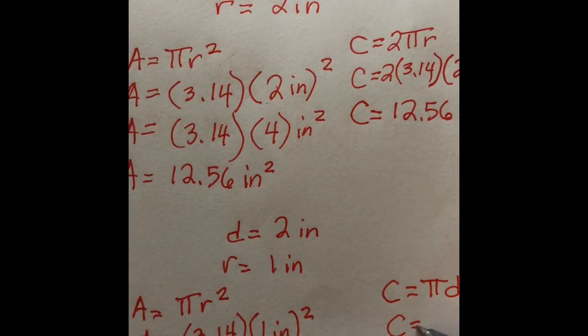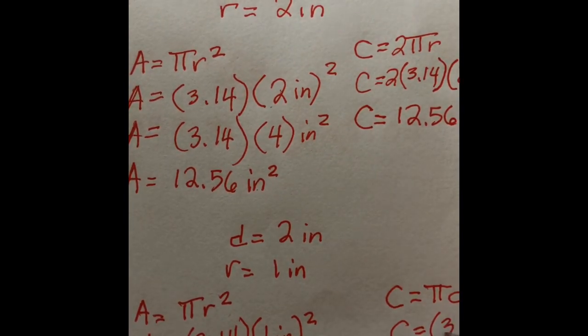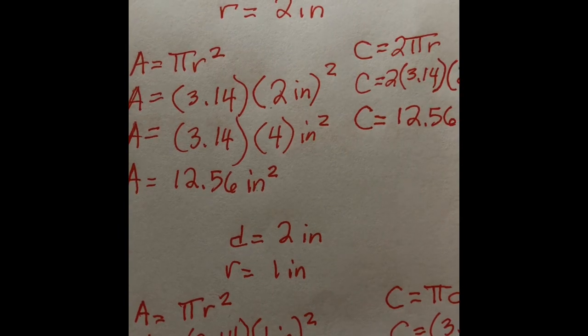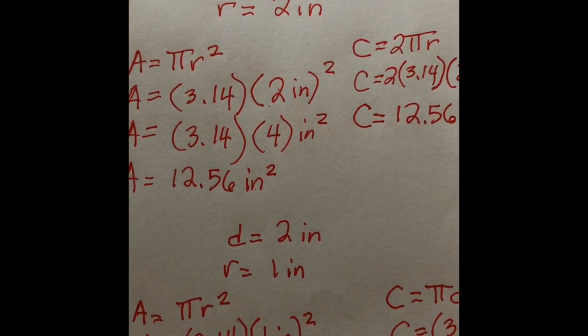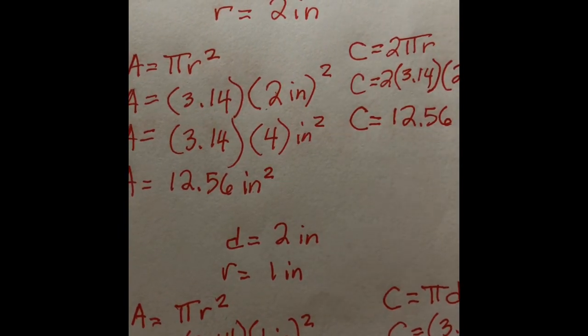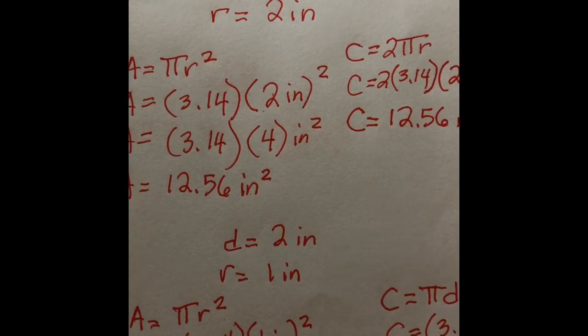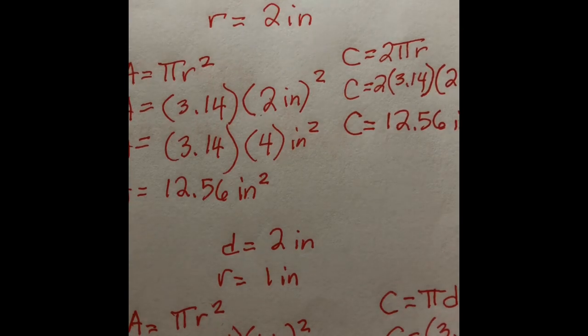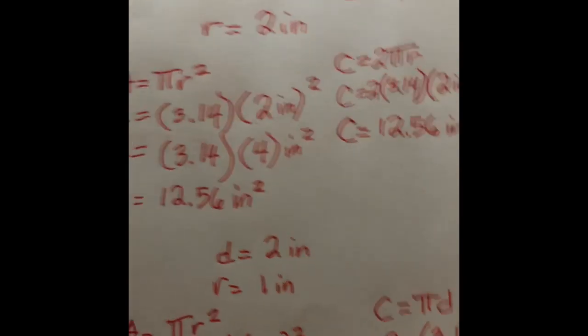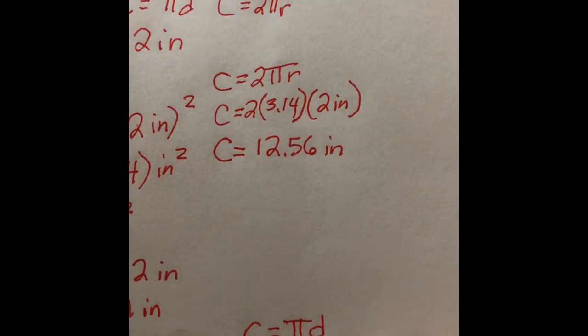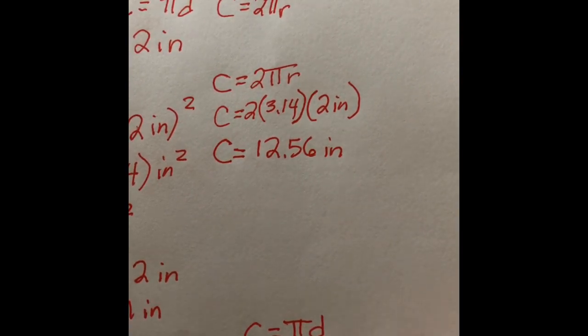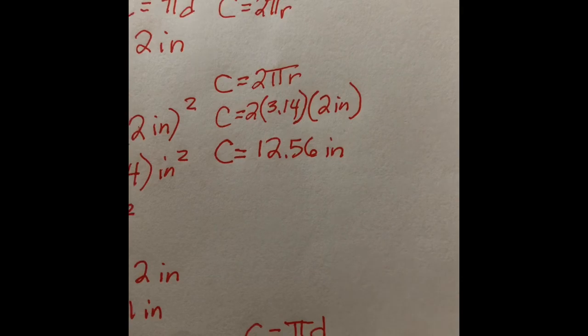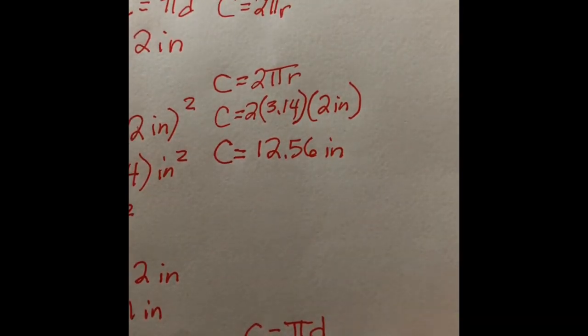And then that will be C equals 3.14 times, the diameter is 2 inches. And so that's going to be circumference equals 6.28 inches.